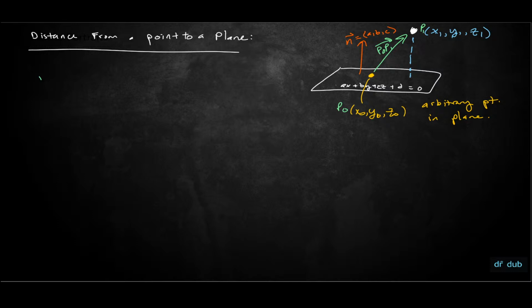So the vector P0P1, which goes from x0, y0, z0 to x1, y1, z1, is the vector x1 minus x0, y1 minus y0, and z1 minus z0.